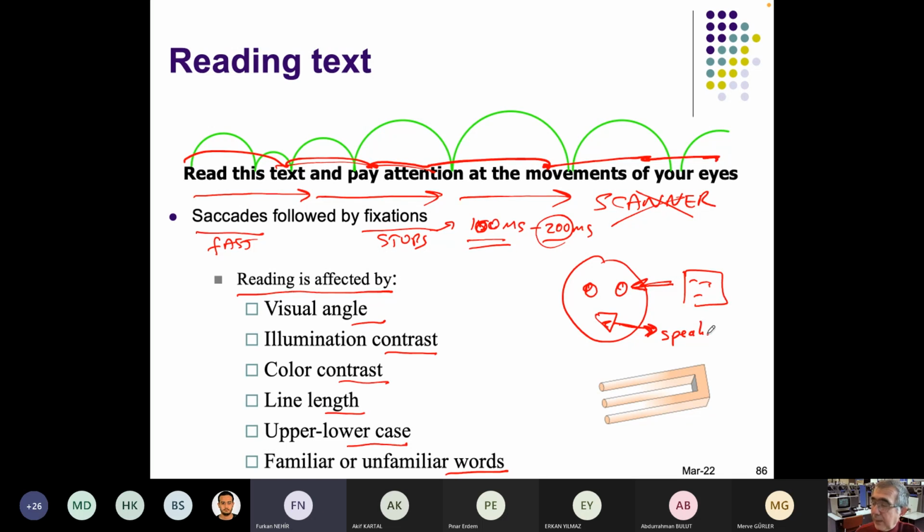And in the brain, it must be processed and it must be spoken out. So there was a time difference between the fixation and the speaking out.